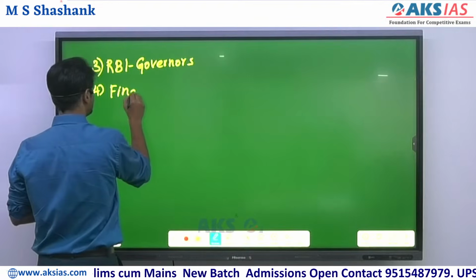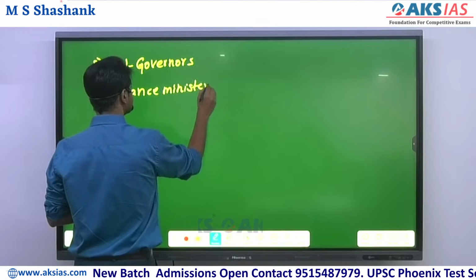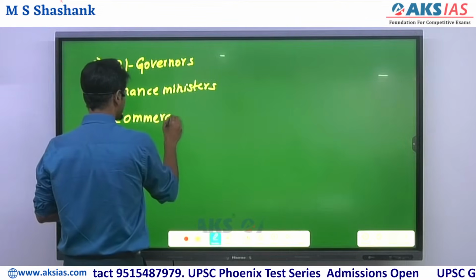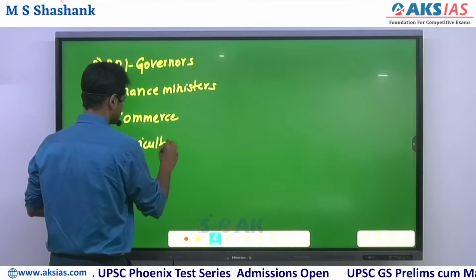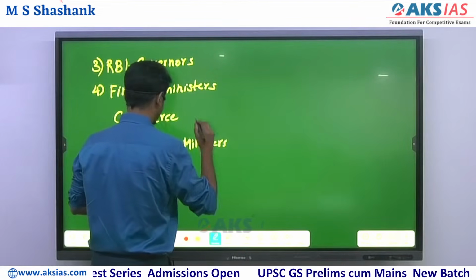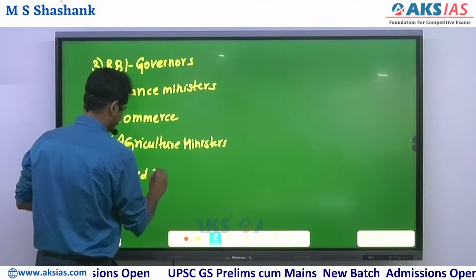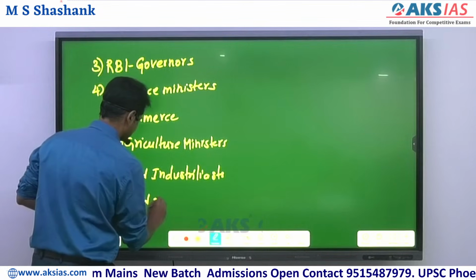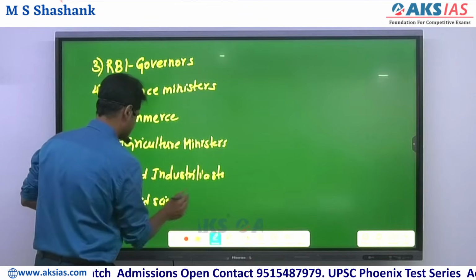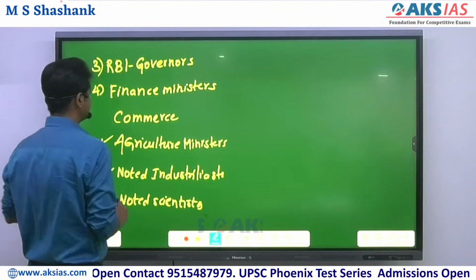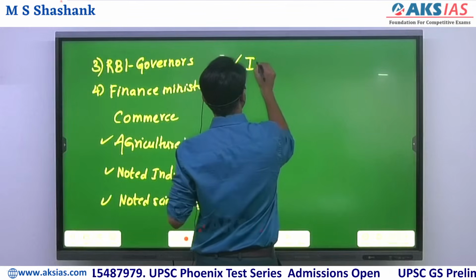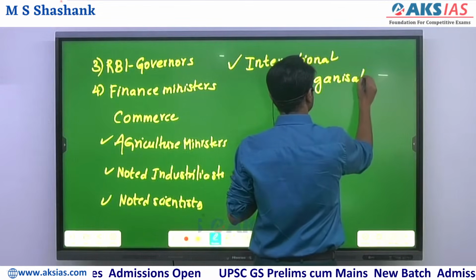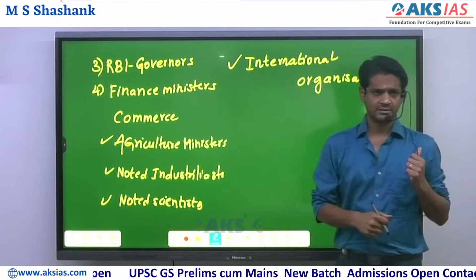Statements given by finance ministers, trade ministers, or to be precise, commerce ministers, agriculture ministers, noted industrialists, noted scientists for economy and science and technology both, also by heads of international organizations. All this should ideally appear smoothly in your answers. Understood what I am trying to say?